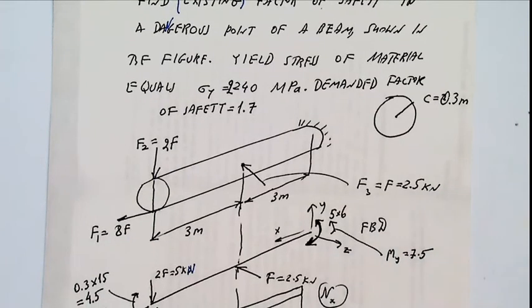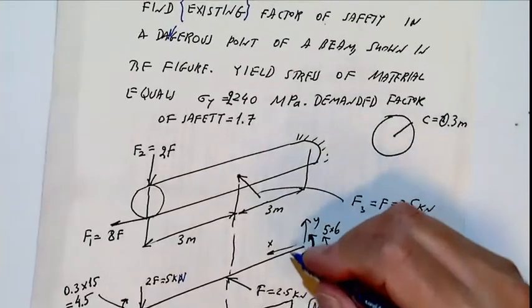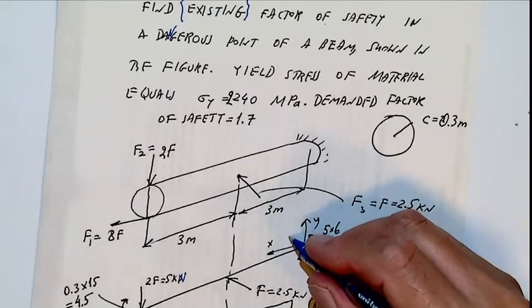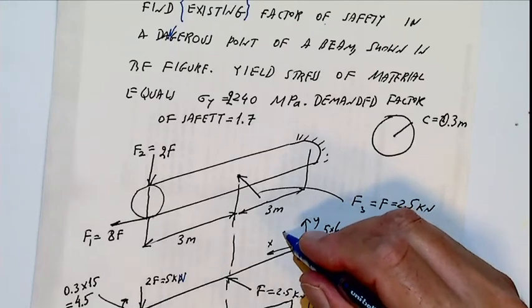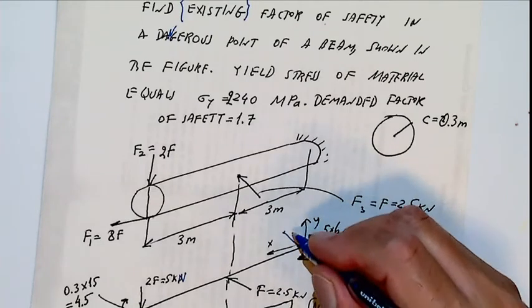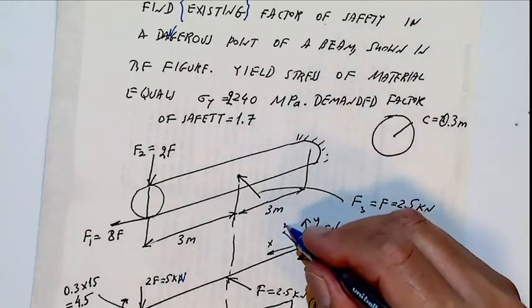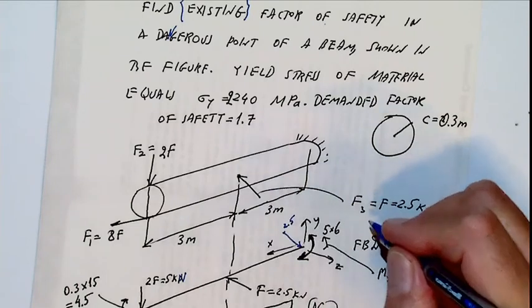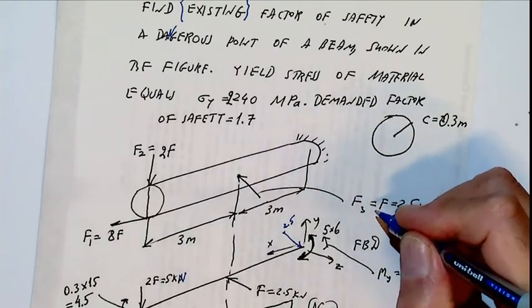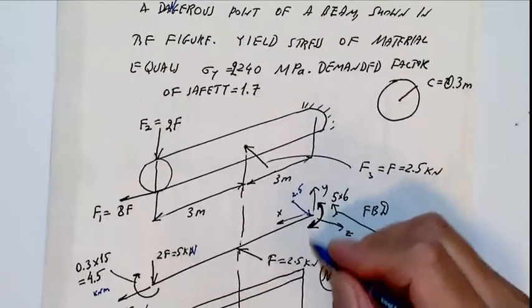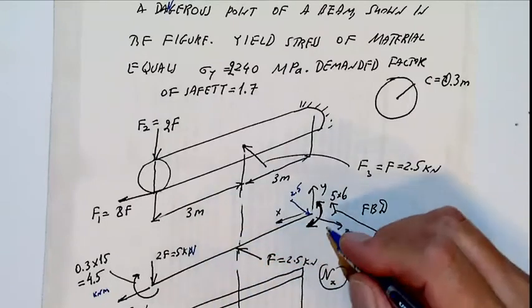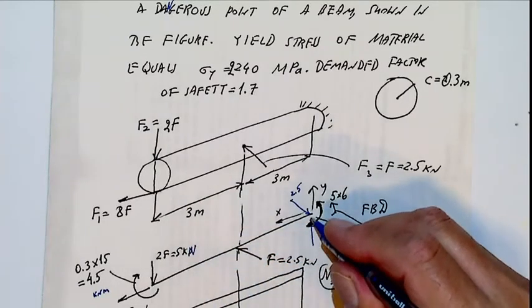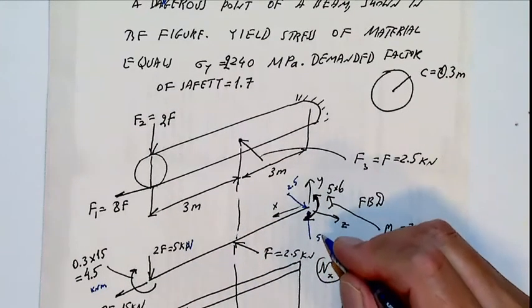There is also, of course, a reaction force here in this direction, 2.5 kilonewtons, opposite to this force. Then there is a force here up, which is the reaction of 5 kilonewtons.